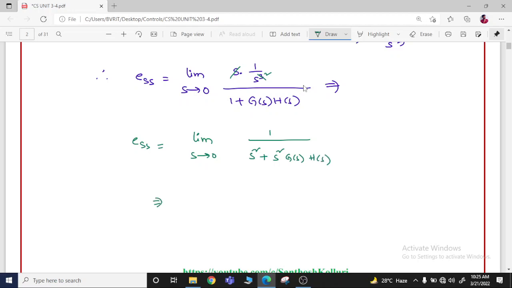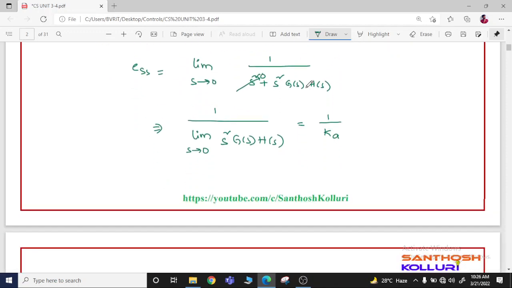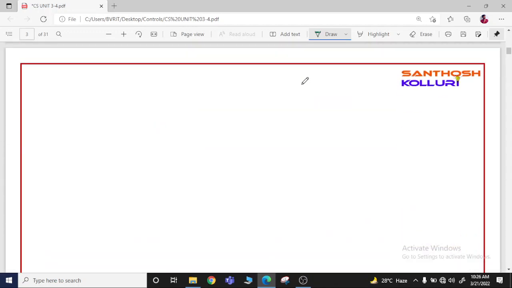Applying the limit values in the denominator, this term will become 0, and directly I am writing 1 by limit s tends to 0 of s square into G(s) into H(s). This can be written as 1 by Ka, the acceleration error constant, where Ka is the limit s tends to 0 of s square into G(s) into H(s). So let us check for type 0 and type 1 systems.